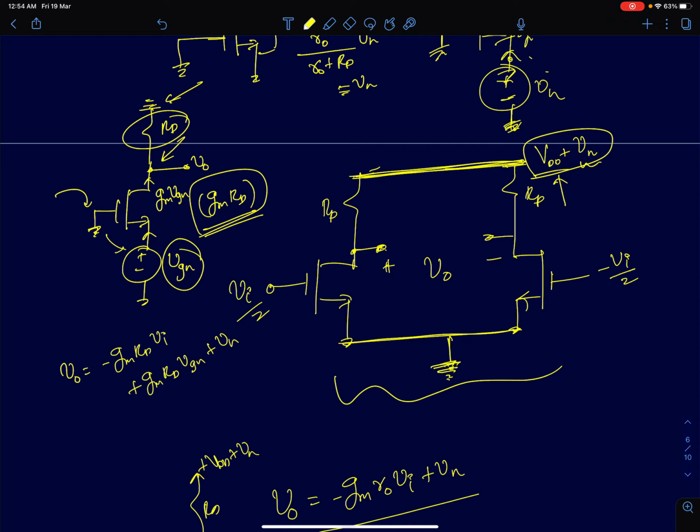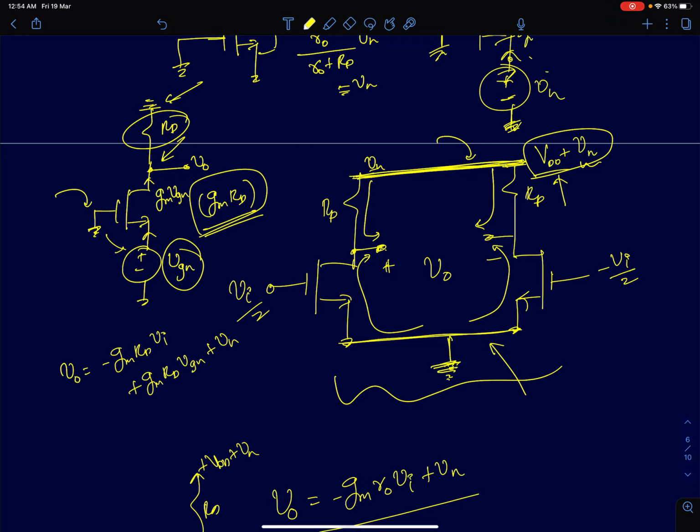But just to quickly say that since the supply is same for both and ground is also same for both, if I want to try the transfer function from this node to this node and from this node to this node, it's going to be the same. Similarly, the ground noise from the ground to the output and the ground to the other output is going to be exactly the same.